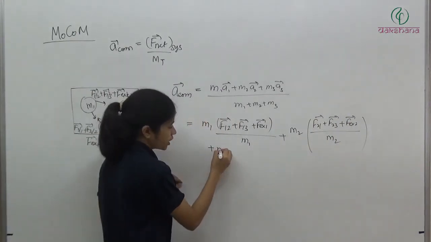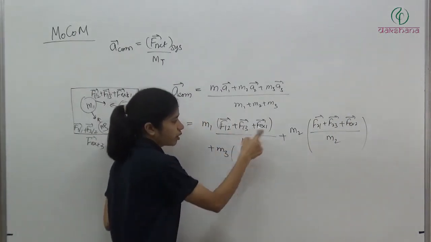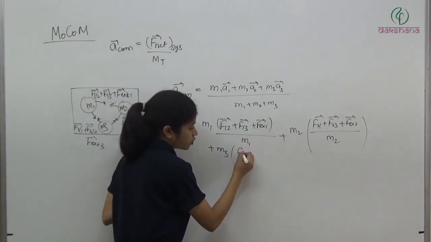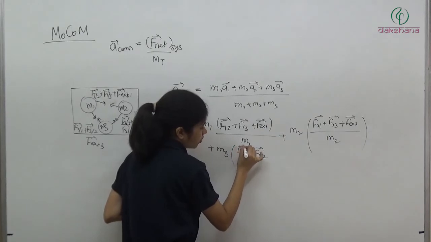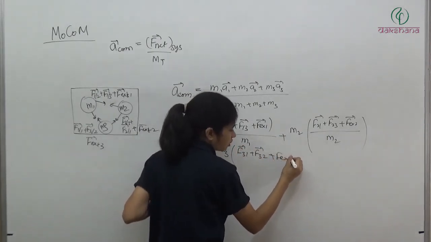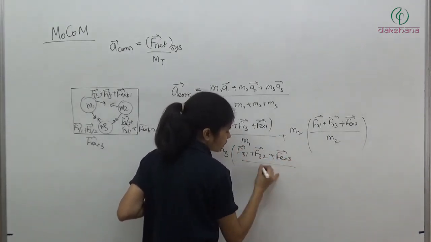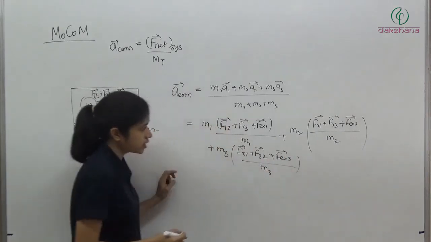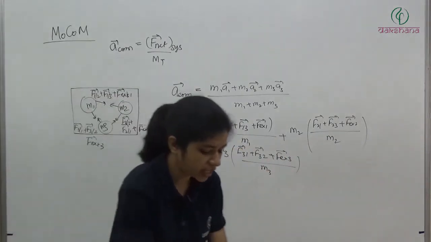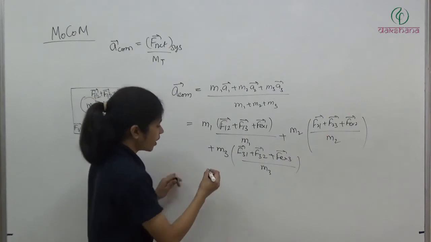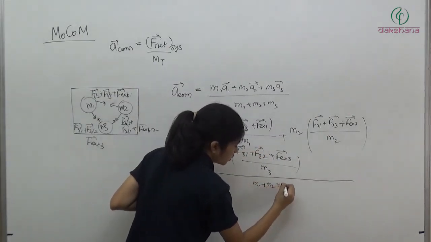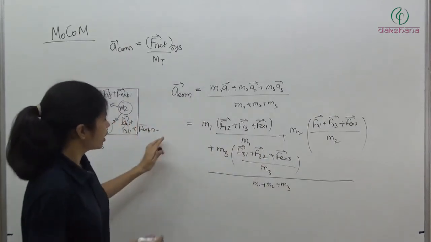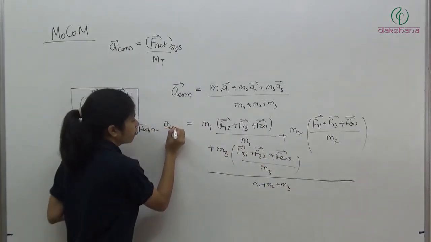Plus m3a3, F31 plus F32 plus F external 3 divided by its mass m3. This is m1a1 plus m2a2 plus m3a3 divided by m1 plus m2 plus m3. Clear? So here we are getting A of center of mass.